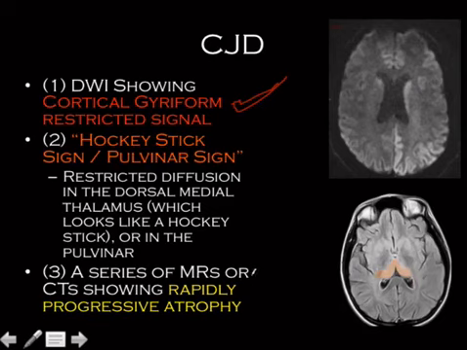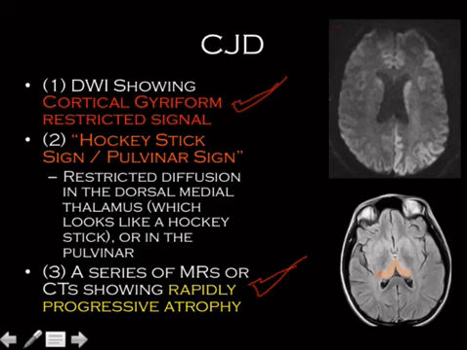And the third most likely, or the least likely way, is a series of CTs or MRs showing you rapid progressive atrophy.